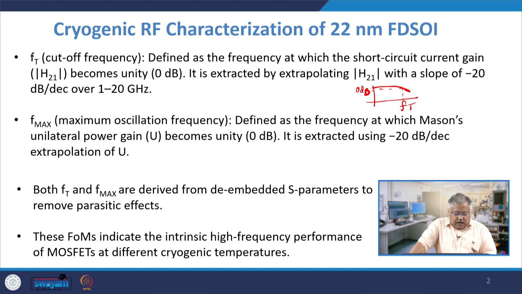So, in this paper which I had referred to you earlier, on characterization and modeling of 22 nanometer FDSOI, the cryogenic characterization was done on Keithley equipment, which is a 4200 SCS parameter analyzer, and the RF measurement setup consisted of ground signal ground probes.